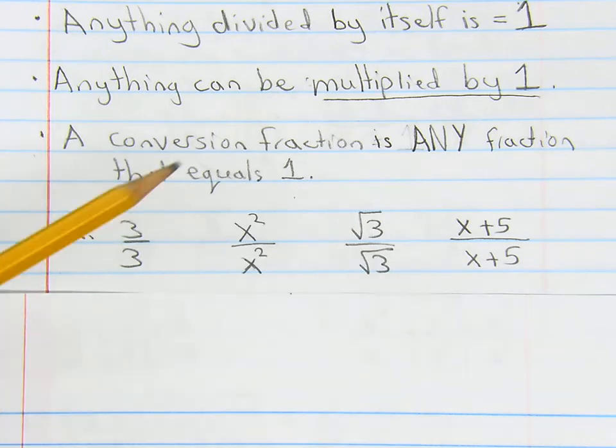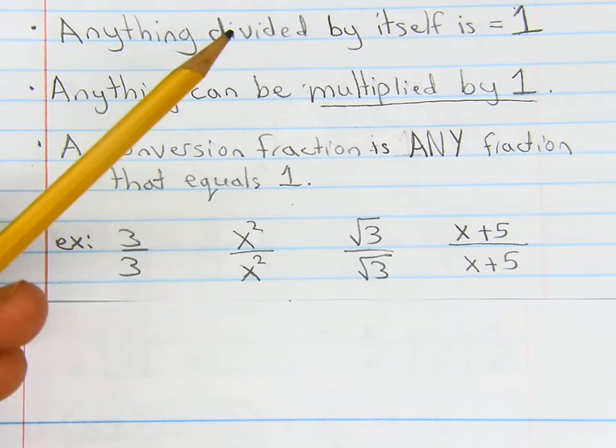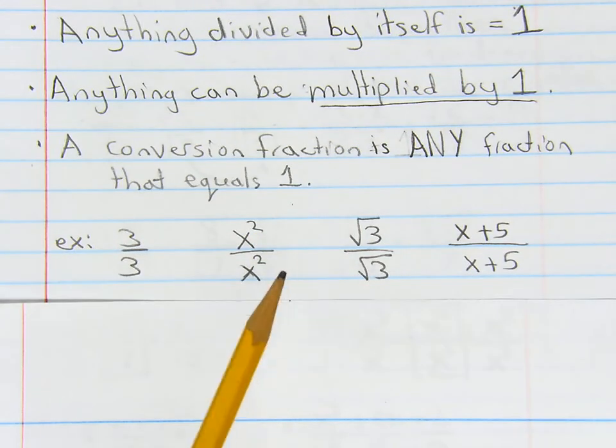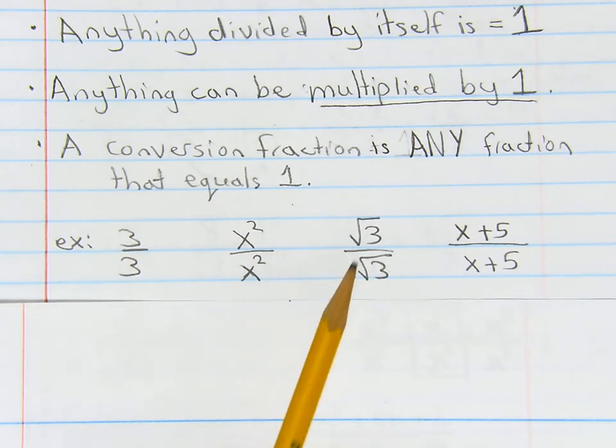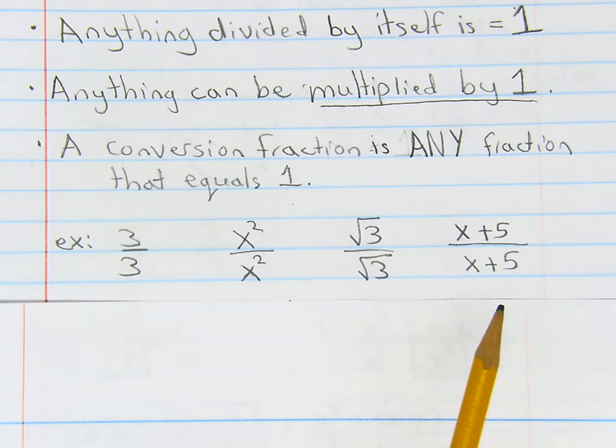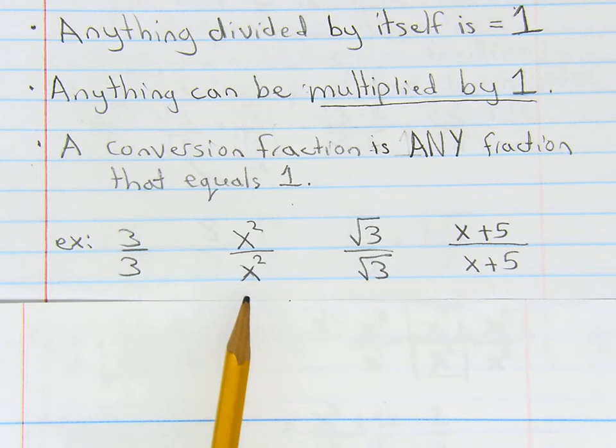As long as the numerator and the denominator are equal, each one of these is equivalent to the number 1, which means I could take any expression or equation and multiply it by any of these or others, and I haven't changed its value.